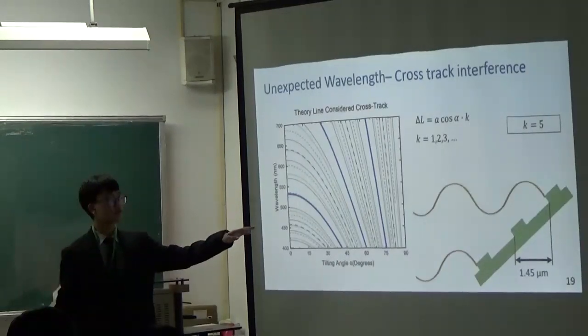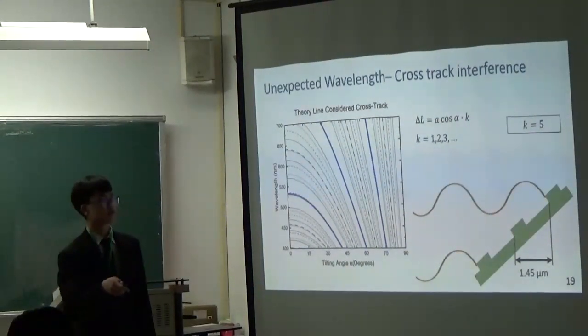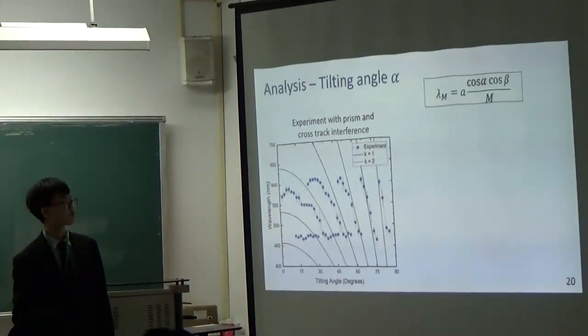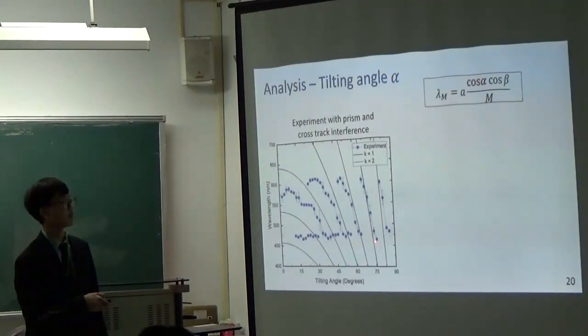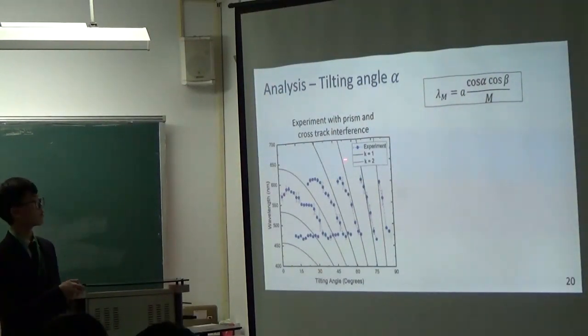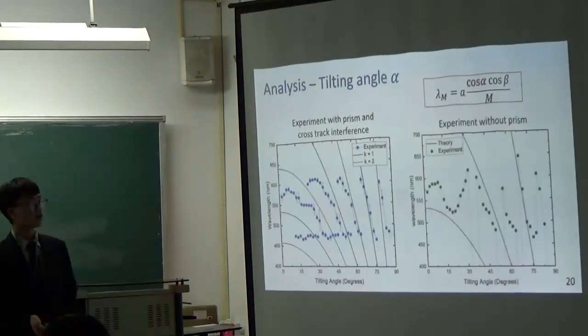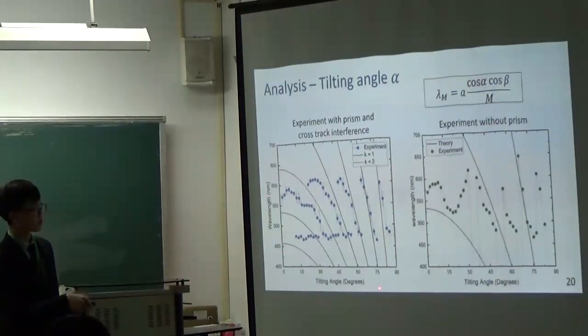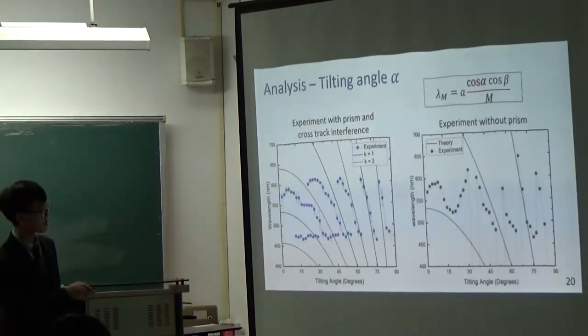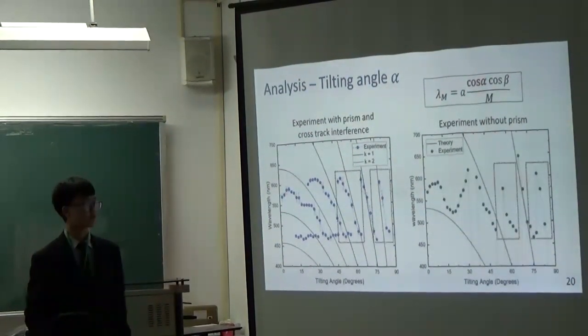So we only consider when the tracks cross 1 or 2, because the intensity will be stronger. So this is the experimental result when we use the prism. We can see that the tendency of the data begins to fit our theory, because when the tilting angle increased, the wavelength began to decrease, but there is still a little deviation.